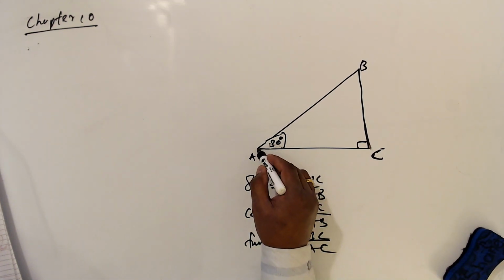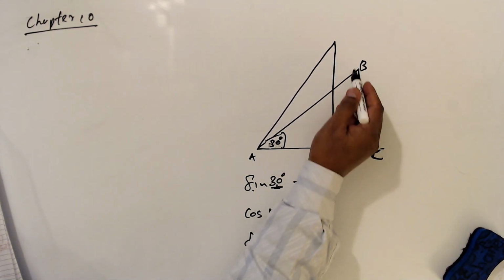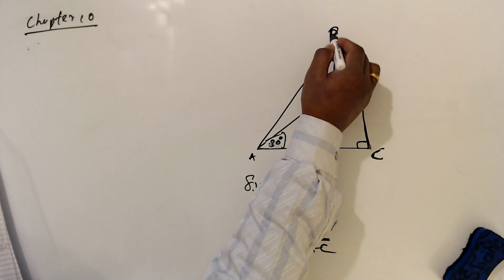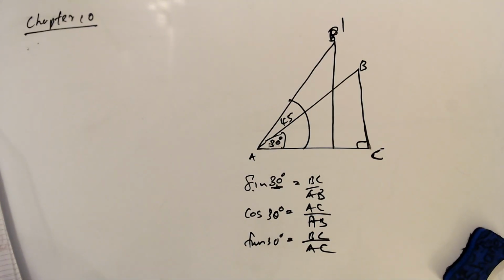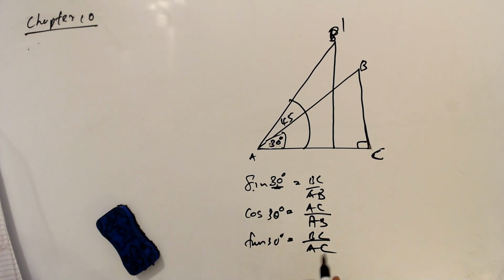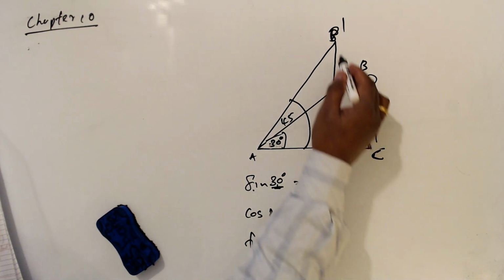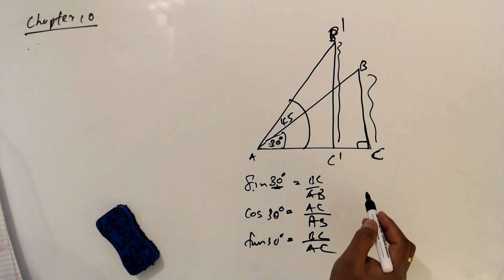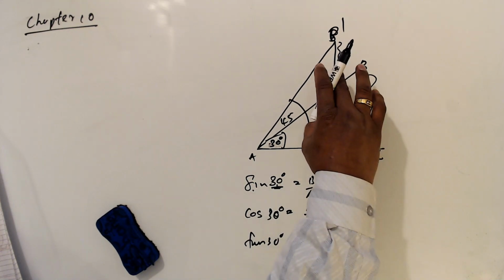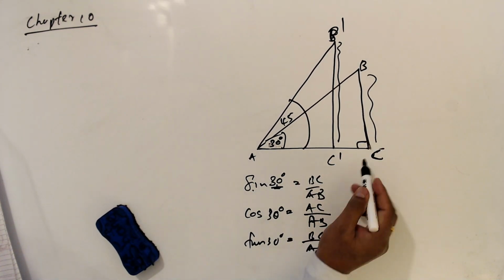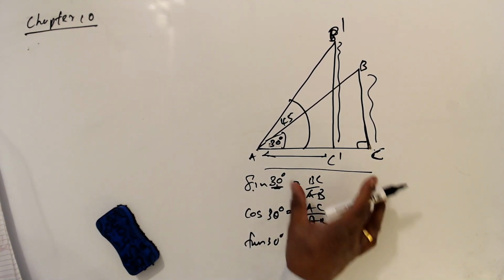Now I will keep the AB length as it is, and I will move this B to here. I'll say B dash. Now this angle becomes 45. You can see this BC length is getting bigger, so I'll put C dash. When the angle is increasing, the opposite length becomes bigger, and this AC length, now AC dash, is becoming smaller.